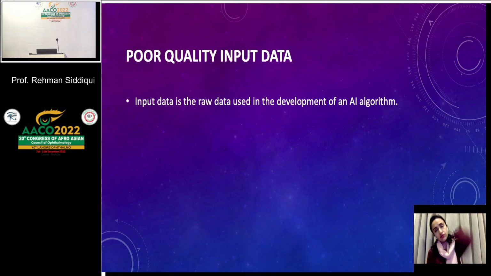So this is just the basic raw data that I will give to the system. For example, if I am developing an AI algorithm which will help me to screen for diabetic retinopathy, I will give it multiple images, a high number, like thousands of images of different grades and different levels of diabetic retinopathy, all graded, all annotated, so that the system can study these images and then train itself to give the diagnosis or the grades of diabetic retinopathy if it were to be given a blank fundus photo of a diabetic patient, for example.